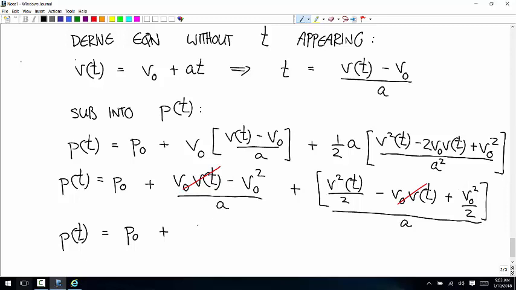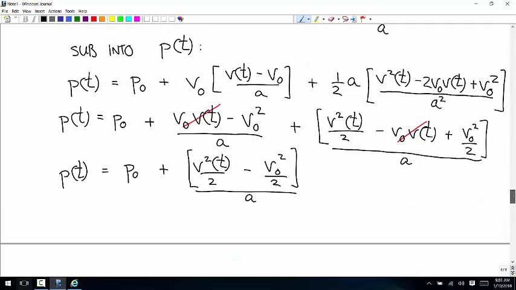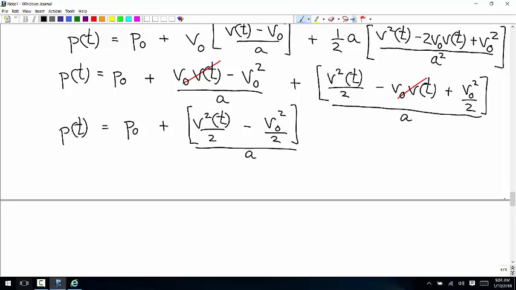And so I can write this as V squared over 2 minus V0 squared over 2, all over A. And so I'll rewrite this as P is equal to P sub 0 plus V squared minus V0 squared all over 2A.